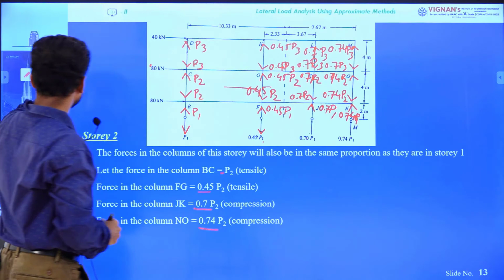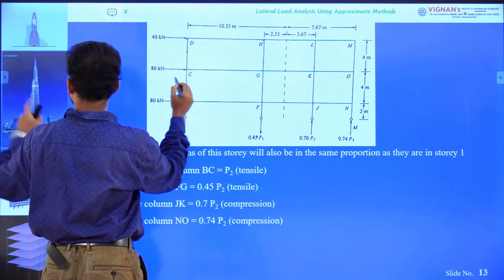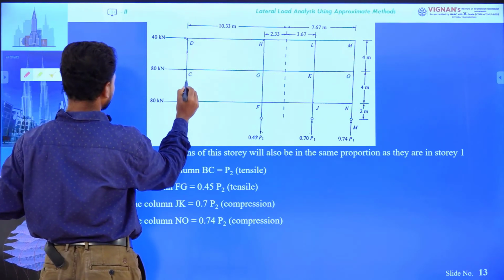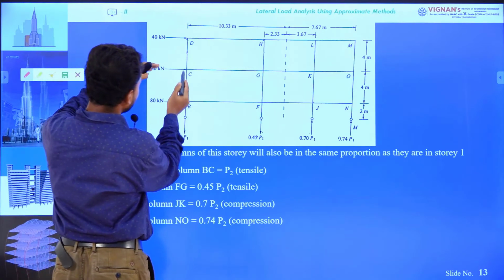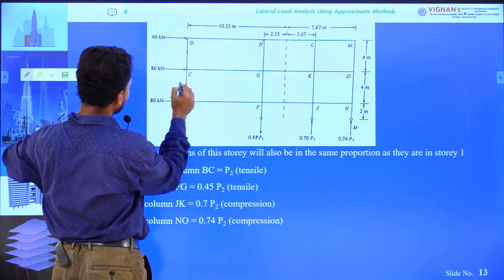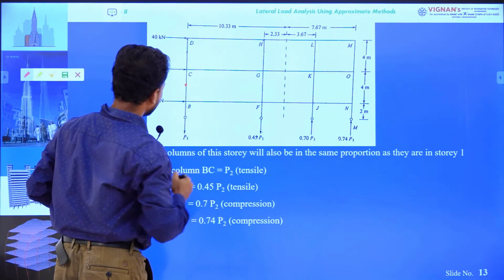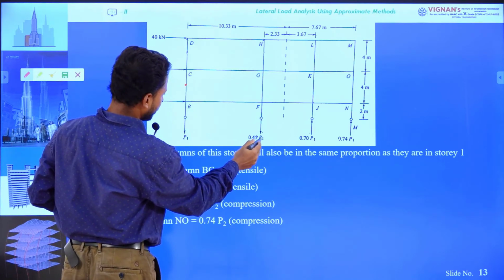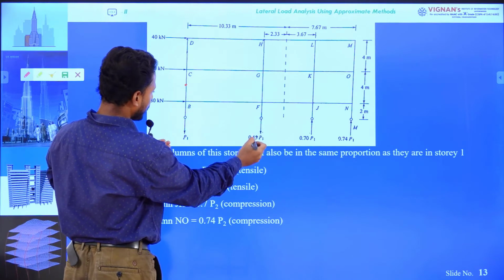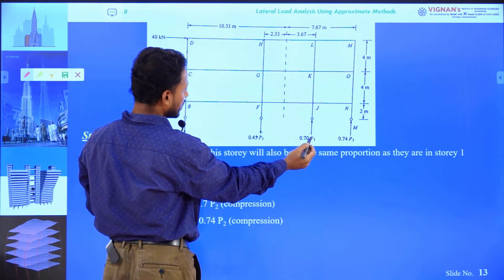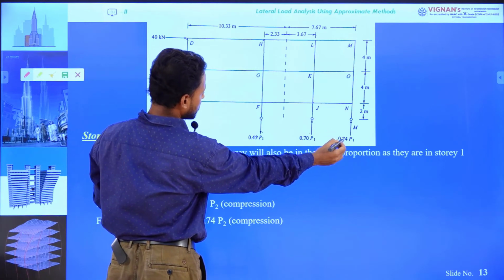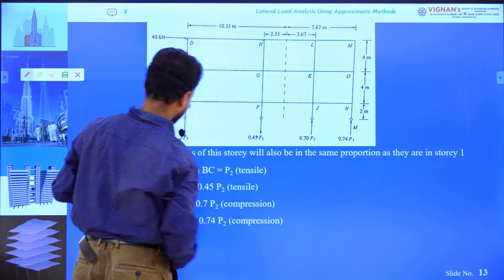Okay. Now taking moment about this point, what we will have: 80 into 2 plus 40 into 6 plus 0.45 P1 into 8 equals 0.7 P1 into 14 plus 0.74 P1 into 18, right.